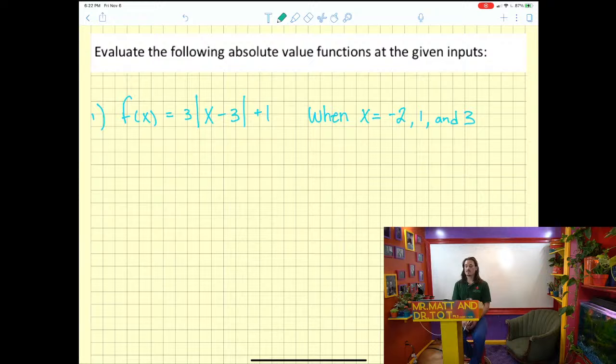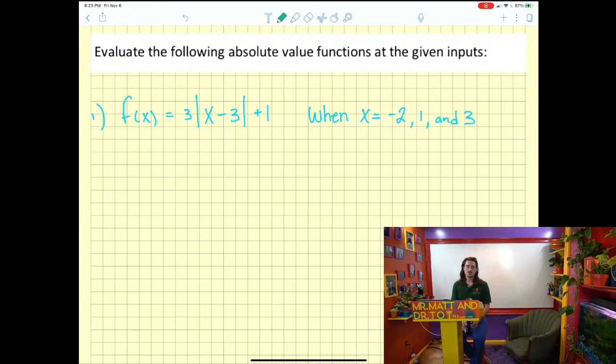Make sure that you do everything inside the absolute value first, and then you evaluate, and then you do the values on the outside. When evaluating, remember that the absolute value represents the distance that number is on a number line from 0, but practically speaking, it just makes everything positive.